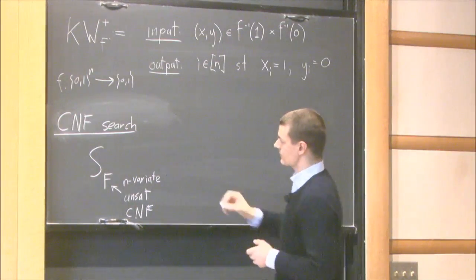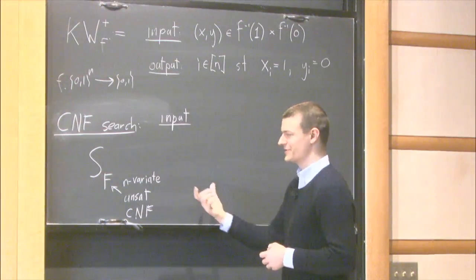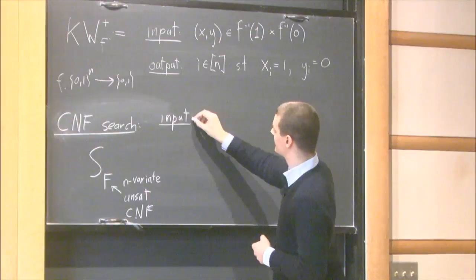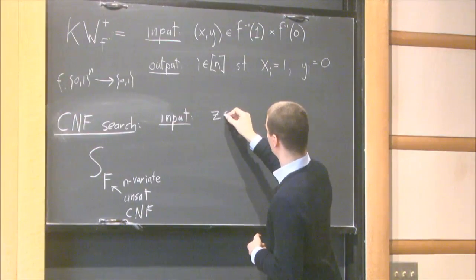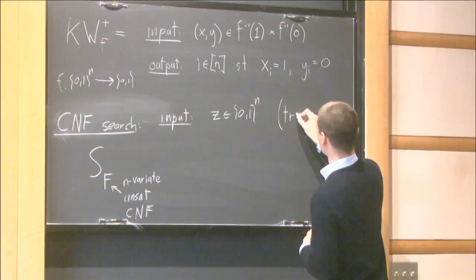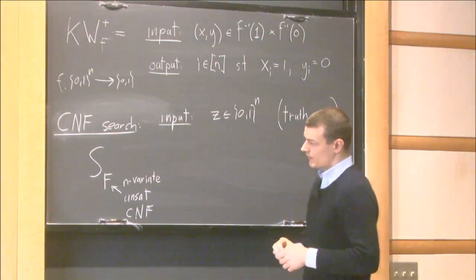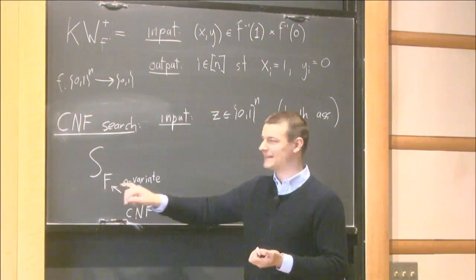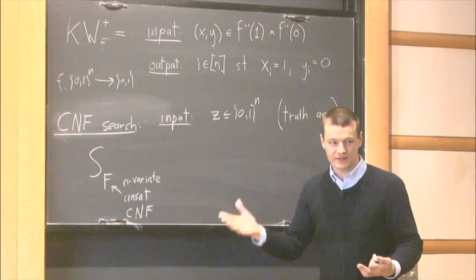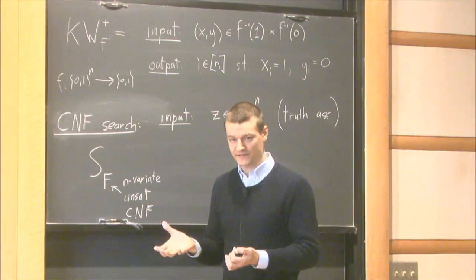The input, your n bits, is just a truth assignment to the underlying variables of the formula. Since the formula is unsatisfiable, whatever truth assignment I'm looking at can't satisfy all of the clauses, so some clauses are falsified. The search problem is to find a falsified clause.